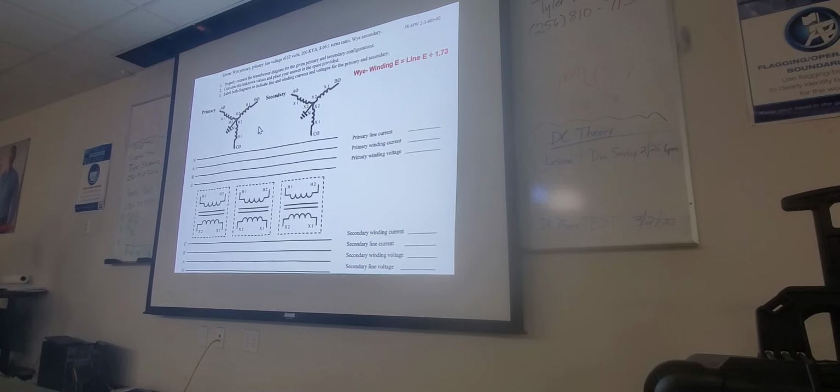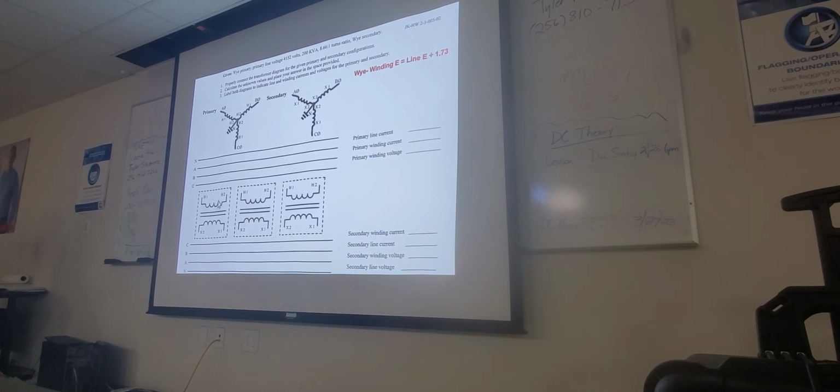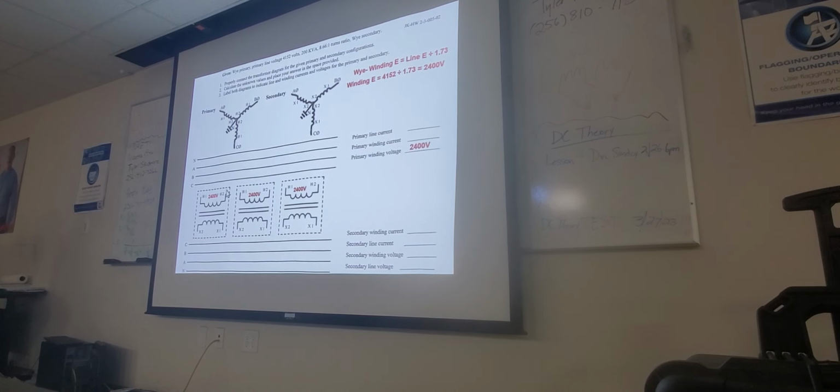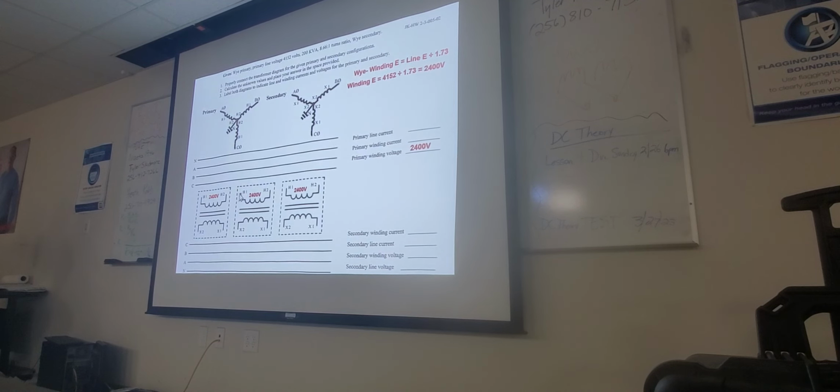Alright, so we know our line voltage on the primary is 4152. We'll divide that by 1.73 to get our winding voltage on the primary. So we got 2400 volts in each winding in this Y primary.